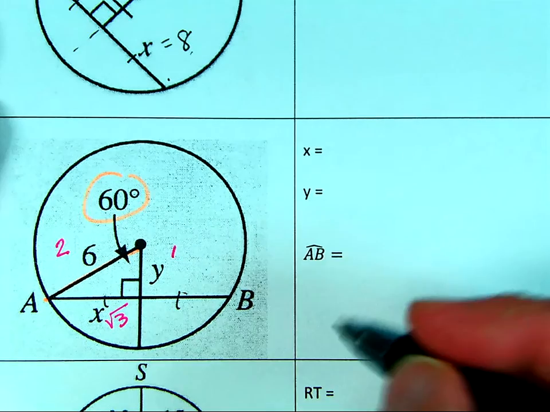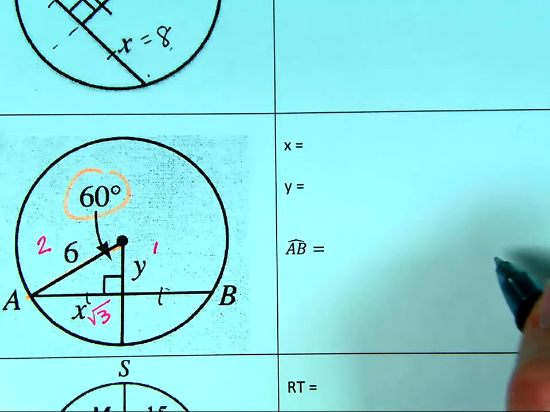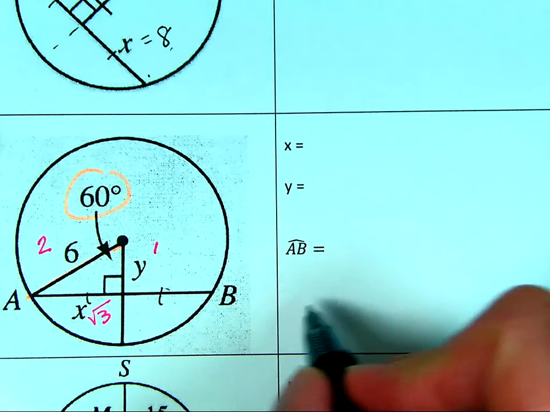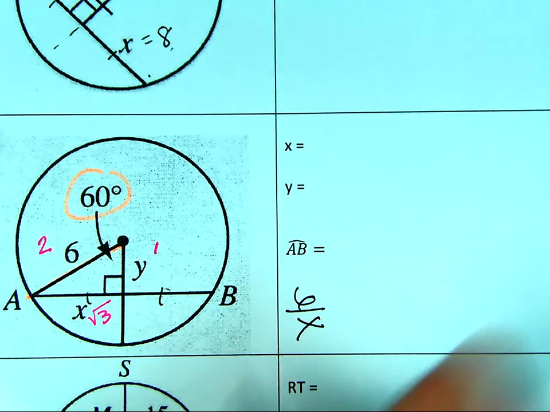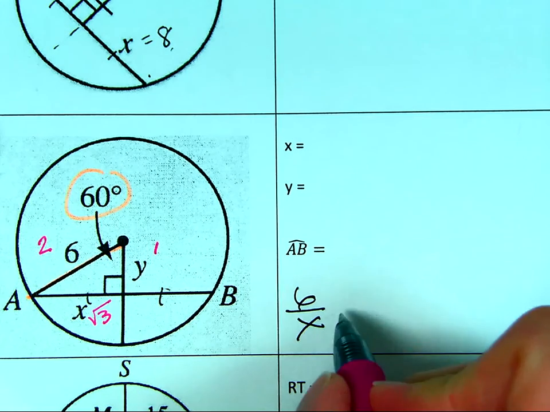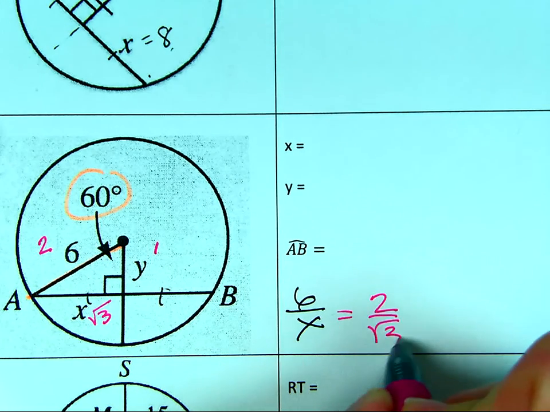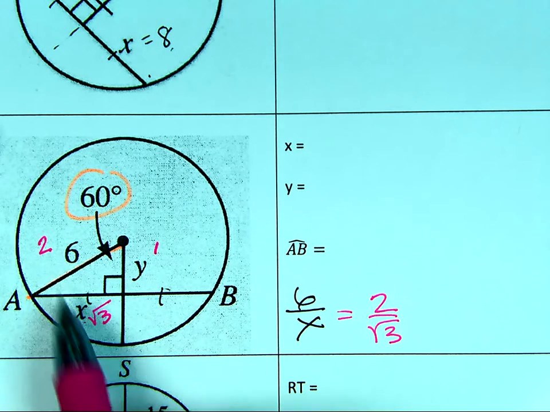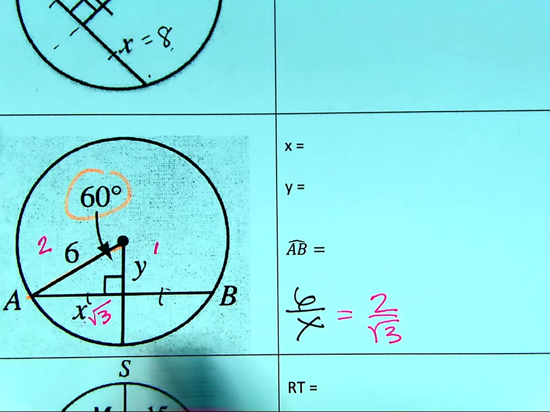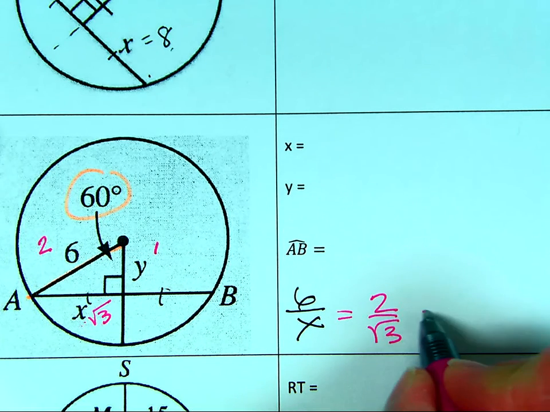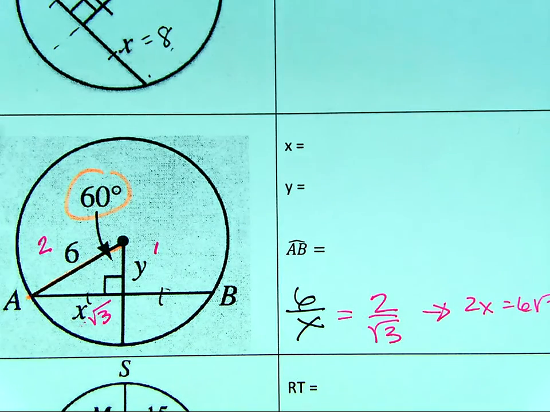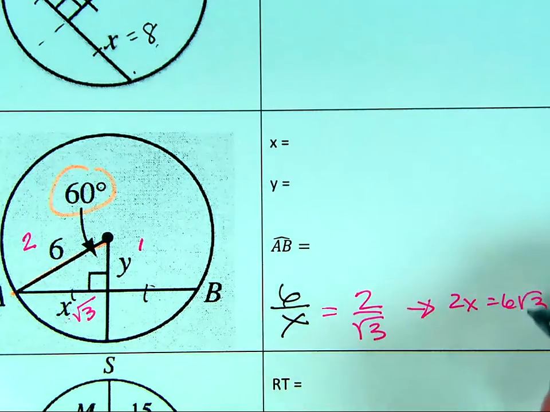So when I come over here and I'm setting up how to find, let's find x first. I'm going to say 6 over x equals 2 over root 3. Because 6 over x, that's what they gave me, and then this is the ratio I know to be true. I'm going to cross multiply, and I get 2x equals 6 root 3, which means x is equal to 3 root 3.